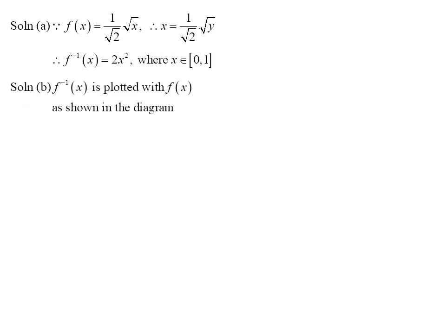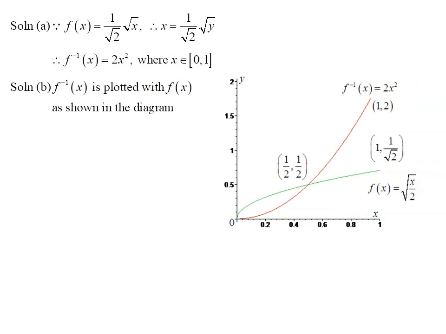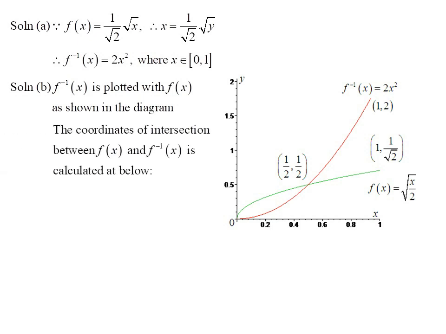As for part B of this question, we sketch the inverse function of f of x as shown on the right of the screen. The coordinates of the intersection between f of x and its inverse function are also shown in the sketch diagram. The details of calculating the coordinates are also shown here.